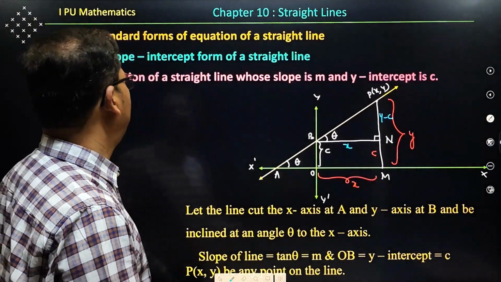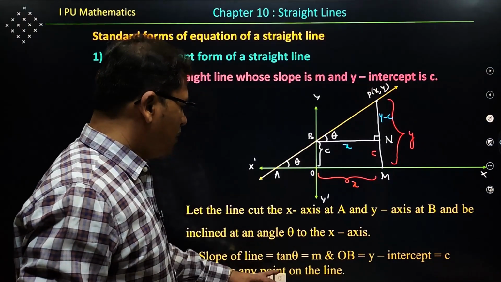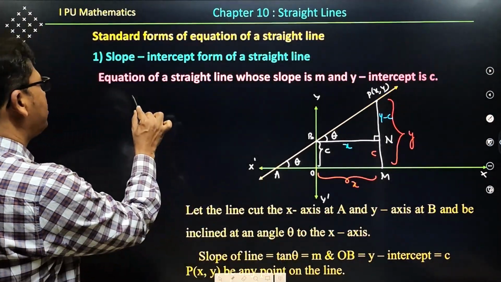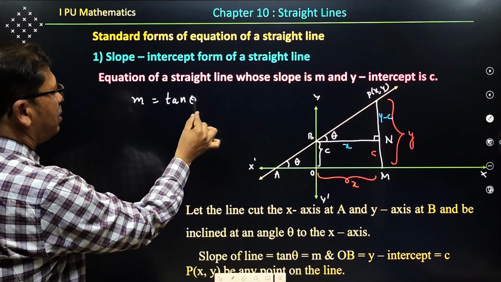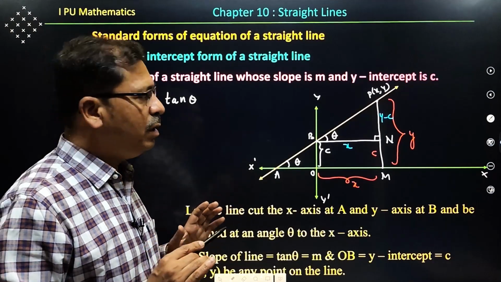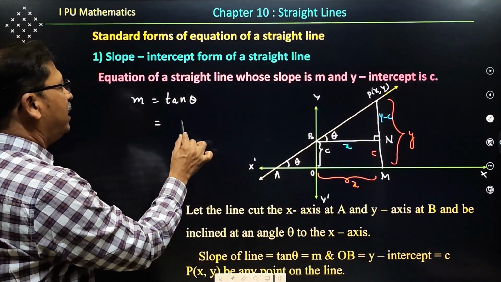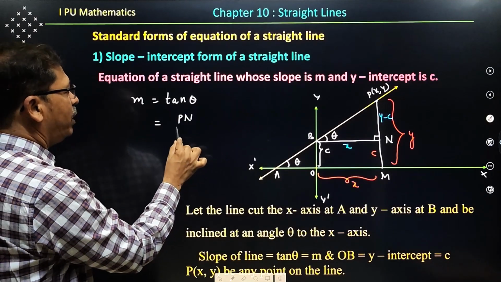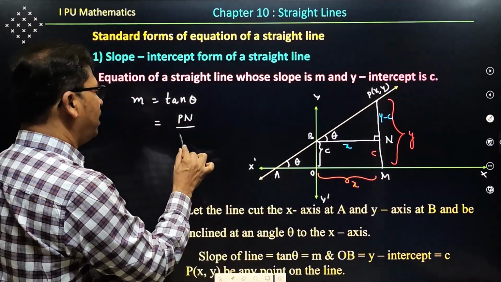Please try to understand. Now observe here. Tan theta is equal to m. We have the situation m is equal to tan theta. But what is the formula for tan theta? Opposite side divided by adjacent side. Opposite side is PN divided by adjacent side, which is BN length.